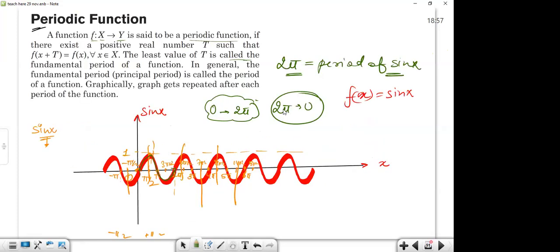In general, the fundamental period, the principal period, is called the period of a function. Graphically, the graph gets repeated after each period of the function. We can also observe it in the duration of 2 pi.